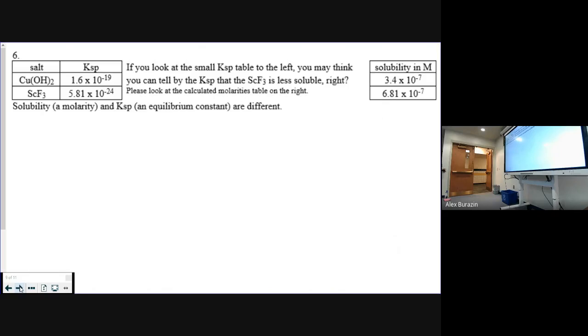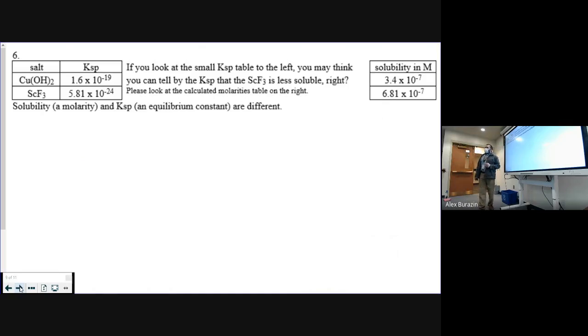But that's not correct in this instance. If you look at the far right, I have their solubilities. The solubility of the scandium fluoride is 6.81 times 10 to the negative 7. The solubility of the calcium hydroxide is 3.4 times 10 to the negative 7. So more scandium fluoride actually dissolves in solution than copper hydroxide, even though the Ksp value is smaller than the Ksp up there.